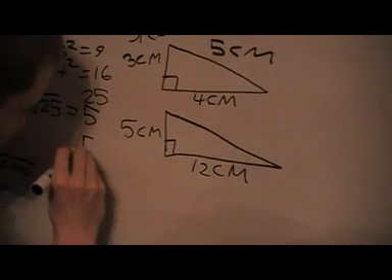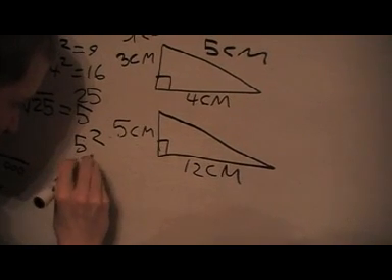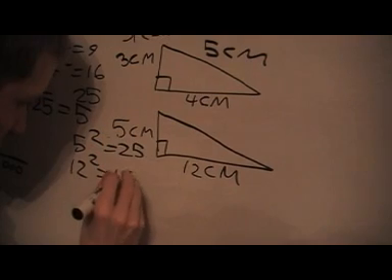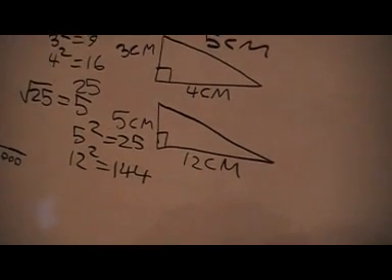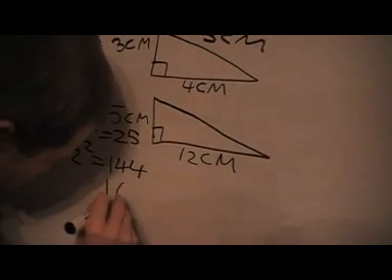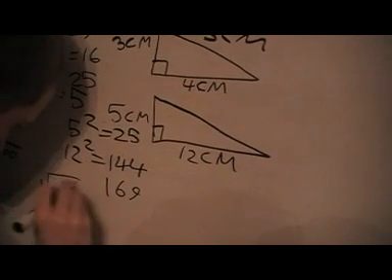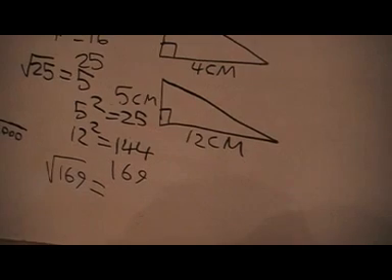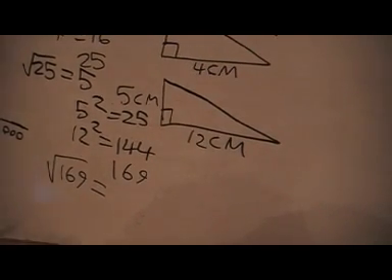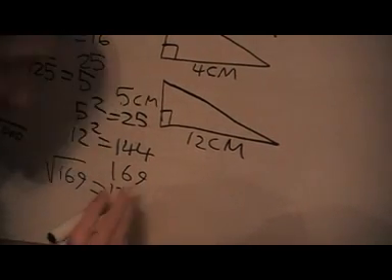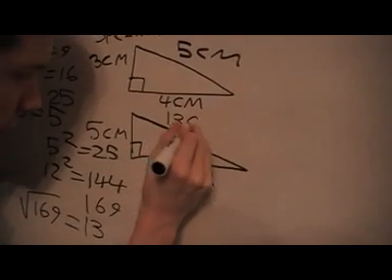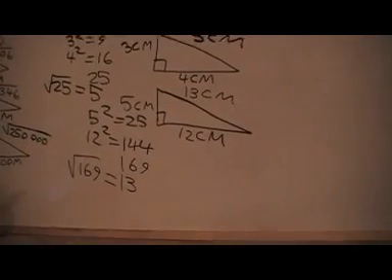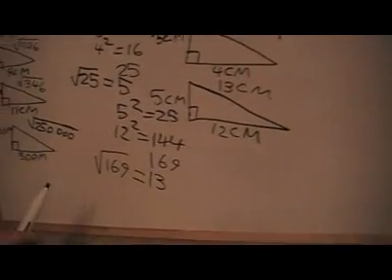Next one is another special case. And then when I add these up, we'll get 169. And if you memorise a lot of your square roots, you should know that the square root of 169 is 13. But if not, use your calculator if you're allowed to use one.